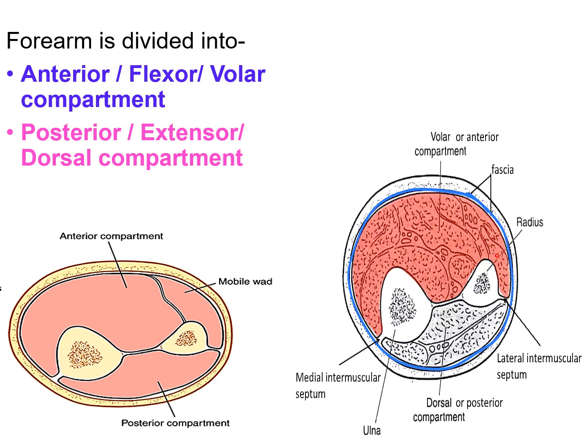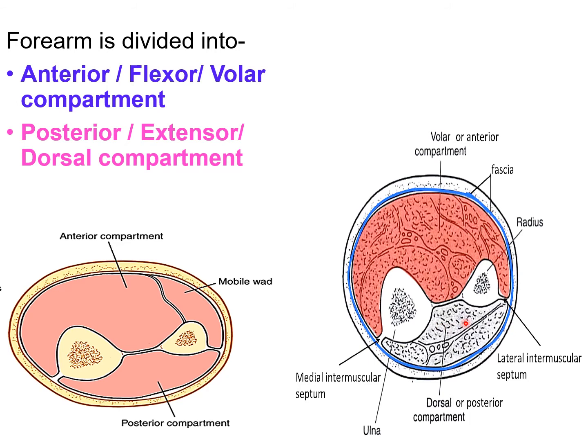The forearm is invested by deep fascia, which is attached to the olecranon process and the subcutaneous posterior border of the ulna. A number of septa extend from its deeper surface between the muscles and reach the bone, thereby dividing the forearm into two compartments. The anterior, also known as the flexor compartment or the volar compartment, extends from the medial intermuscular septum, the ulna, the interosseous membrane and radius, and the lateral intermuscular septum.